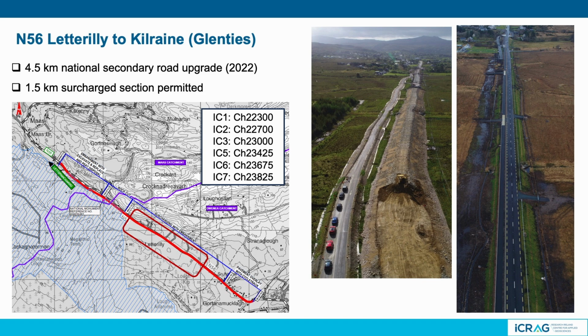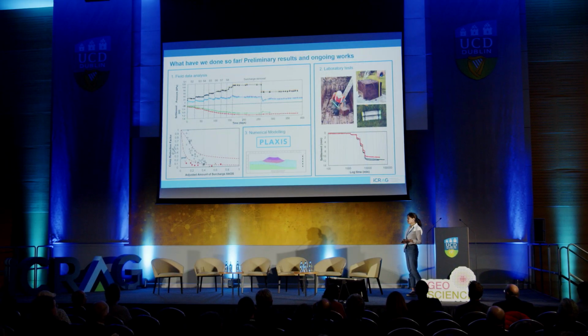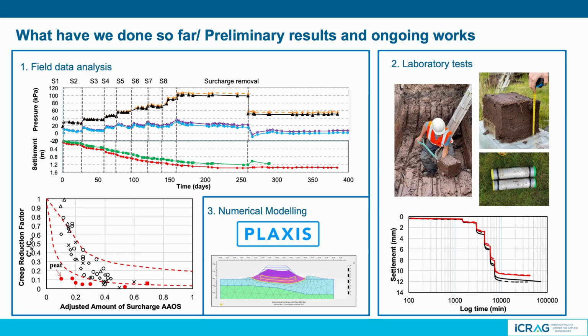We are going to add some data about Irish peat, about the variety range of peat thickness across that road. We have about 1 to 7 meters of peat thickness across that 1.5 kilometers of road. You can see some initial data related to only one location.